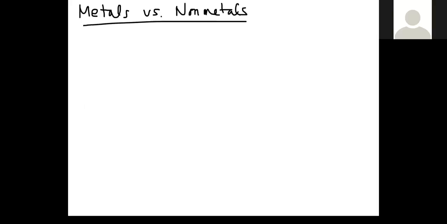What's the definition of a metal? What's one characteristic of metals? Luster, otherwise known as shiny.